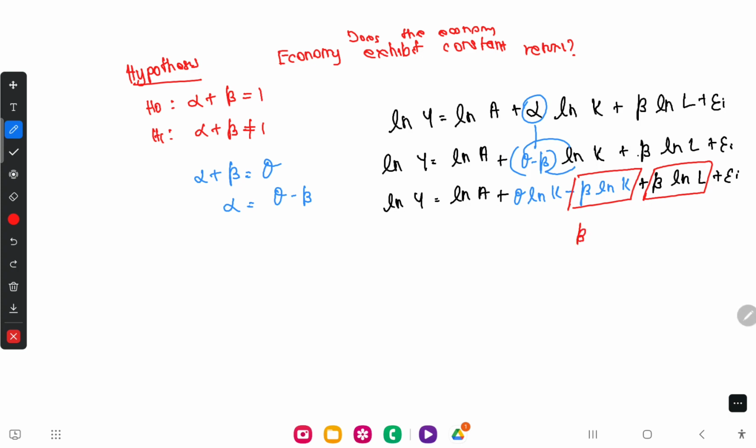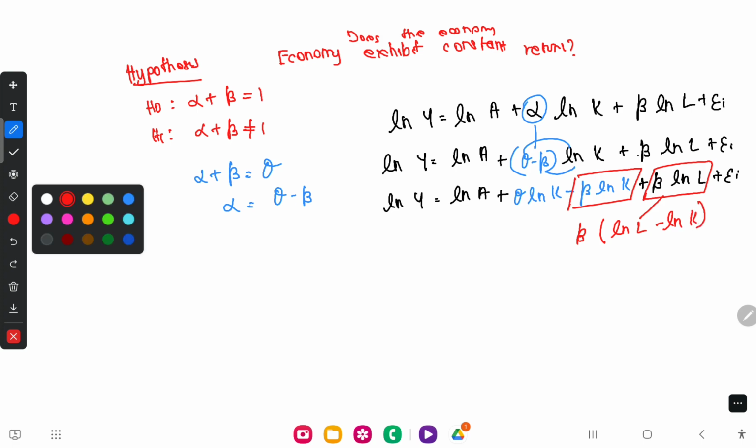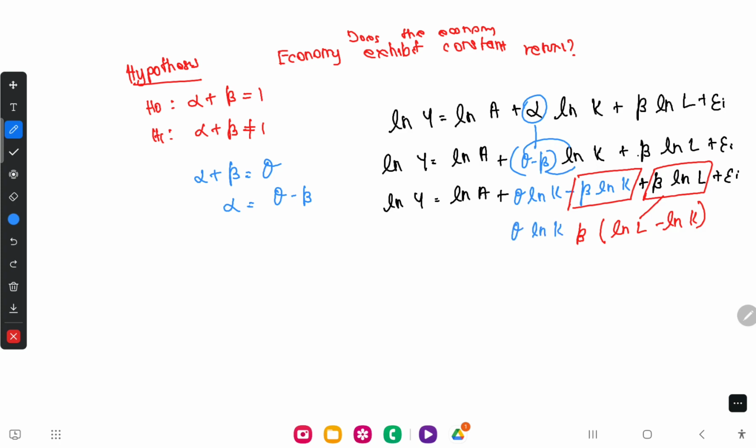So if I take beta out, I can say ln L minus ln K. Okay, and ln Y equals ln A plus this plus this. Okay, now we have transformed our equation.